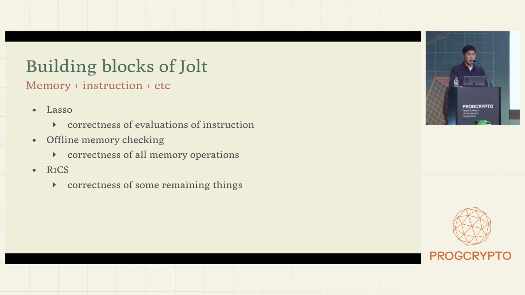They used R1CS for proving the correctness of some remaining things, such as calculating the program counter, and for reducing prover cost: rather than putting field addition or multiplication into a lookup table, they put it into the R1CS, which is very cheap because just one field addition or multiplication can replace it.